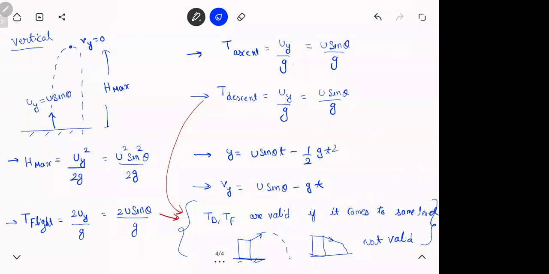Then the horizontal direction. So you're going with ux, which is u cos theta. Here we define something called range.